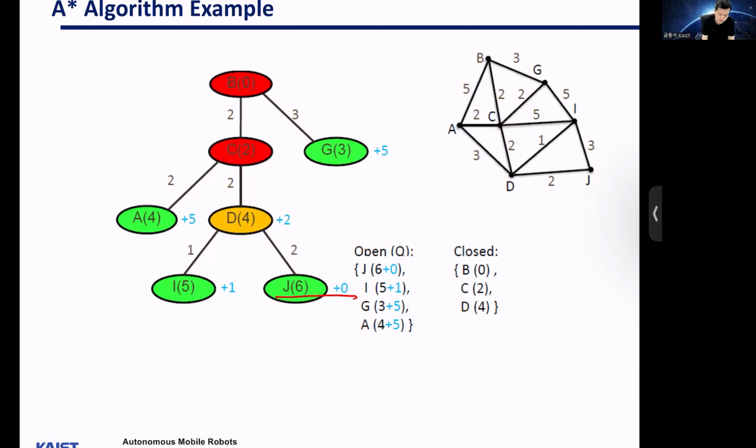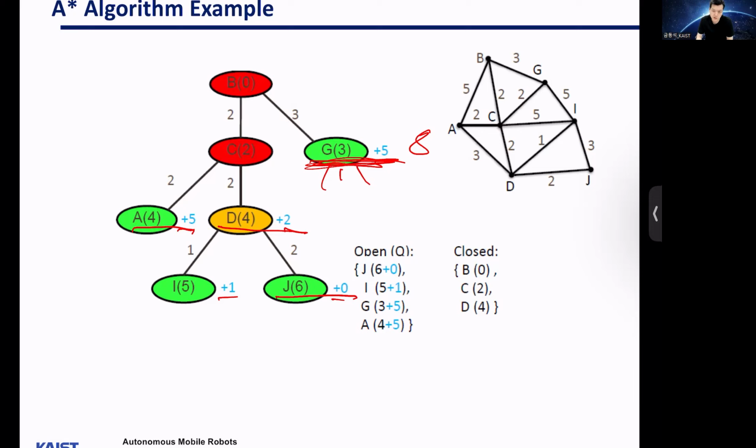So as you can see, this is similar to Dijkstra, but it considers this cost to go. And what makes this different is that when we have this path, it gives you a cost of 8, which is large when compared to these options. So you're not going to branch these out.